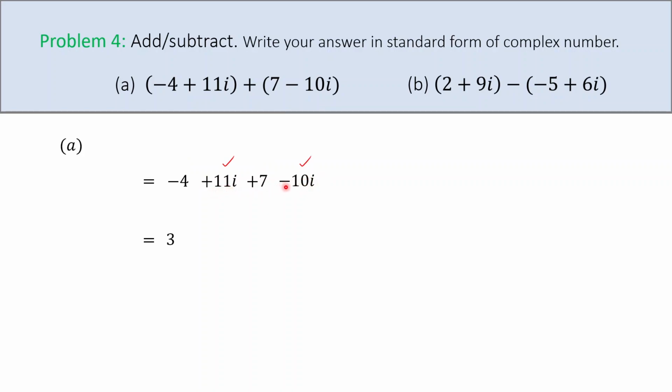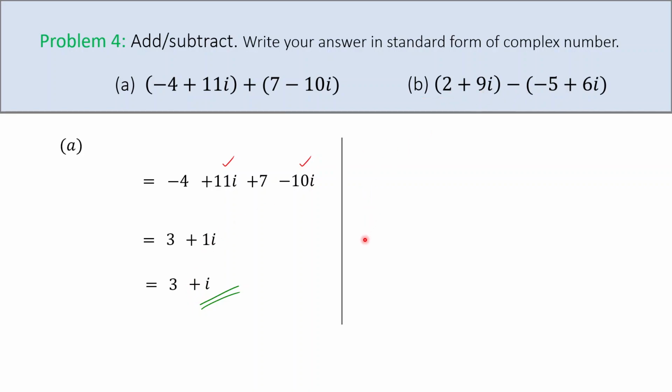Positive 11i, negative 10i is positive 1i. Equal to 3 plus 1i, which is i. 1 times i is i. So plus i. This is the answer. This is in standard form. You have the real part and the imaginary part.